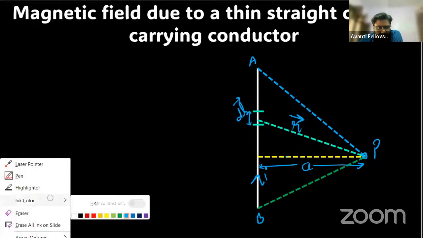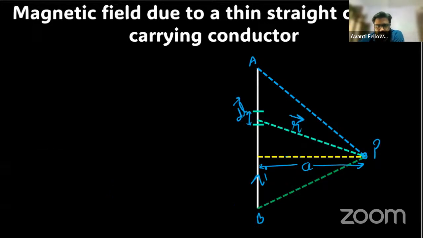Let me change the color here. So the position vector here we will take is R vector. Okay, no problem in that case. Now, the angle of this current element from this point P, from this baseline, is theta.